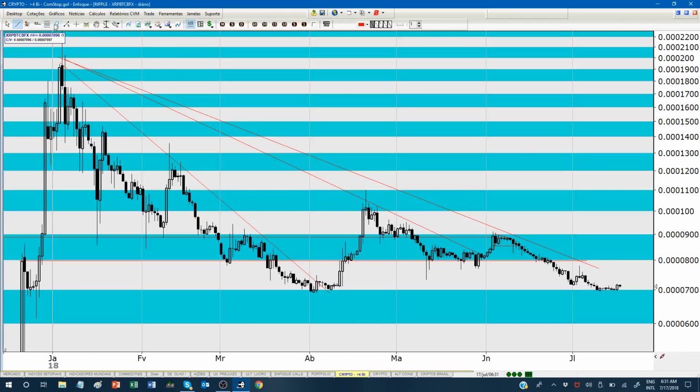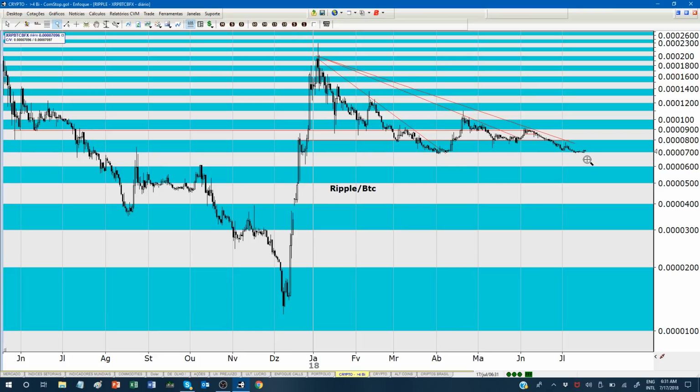And this is Ripple. Ripple's testing support and looks like it will break the support because of the descending tops that we see here and bottoms at the same level. I think we're seeing a sort of, I've drawn these lines here. Some people call that a fan formation. I don't like that name. I don't care too much about that formation.